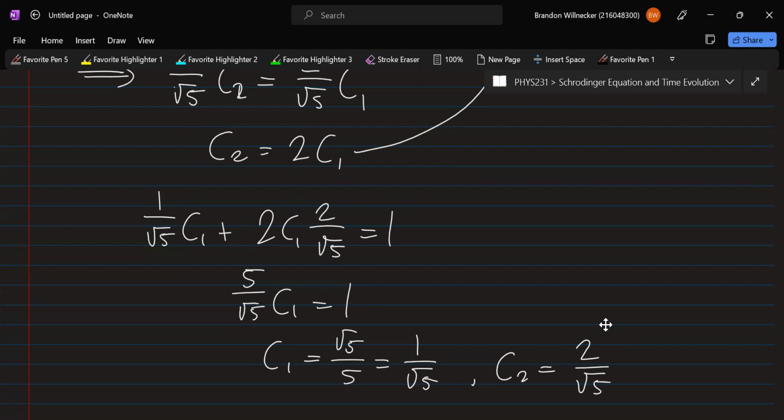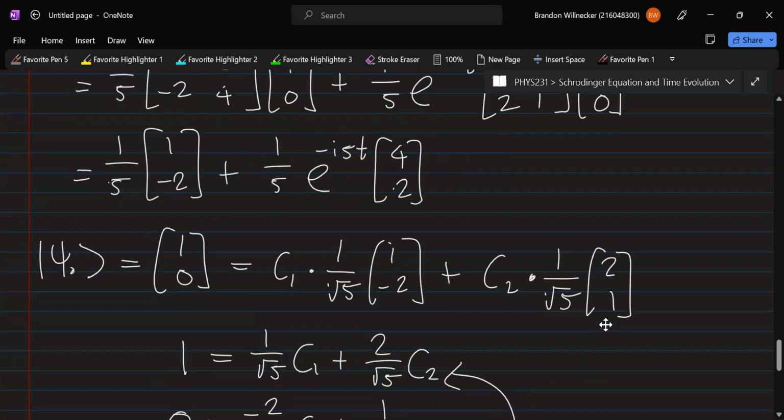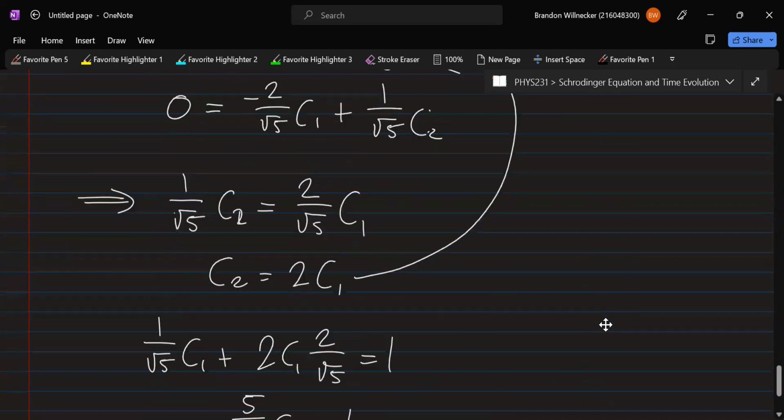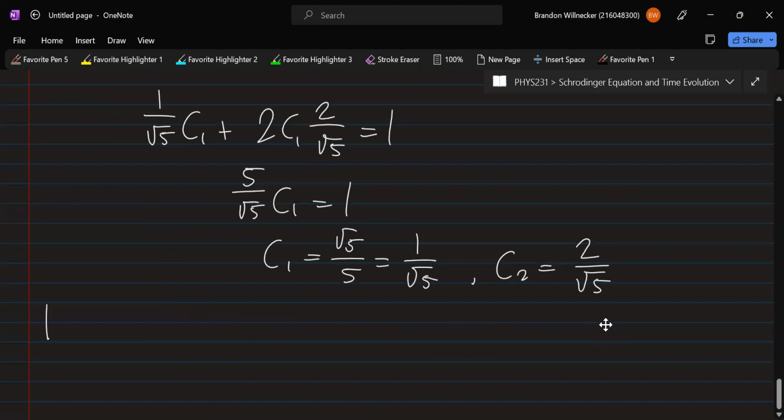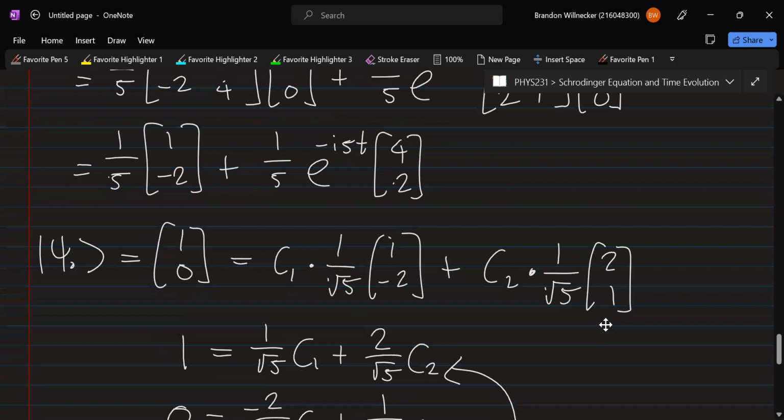So those are the expansion coefficients. Let's substitute them back into that original equation we had. So psi naught, that was (1, 0), is equal to C1, which is 1 over root 5, times that.